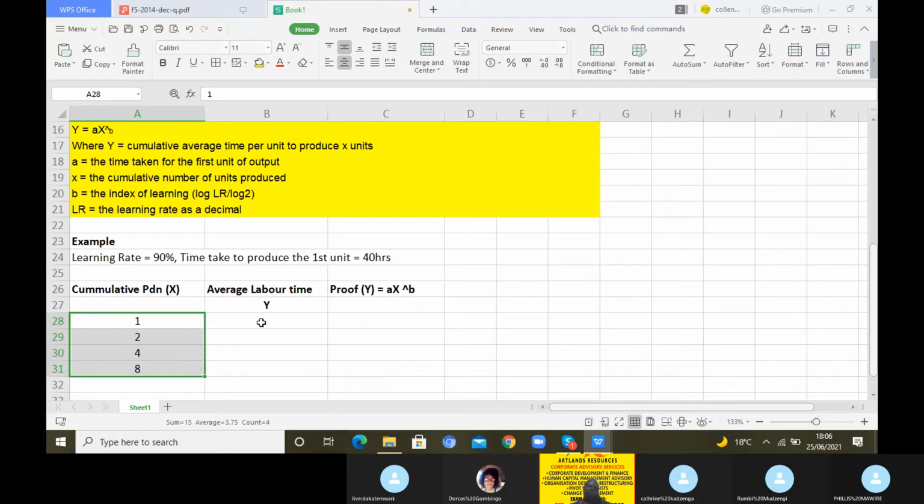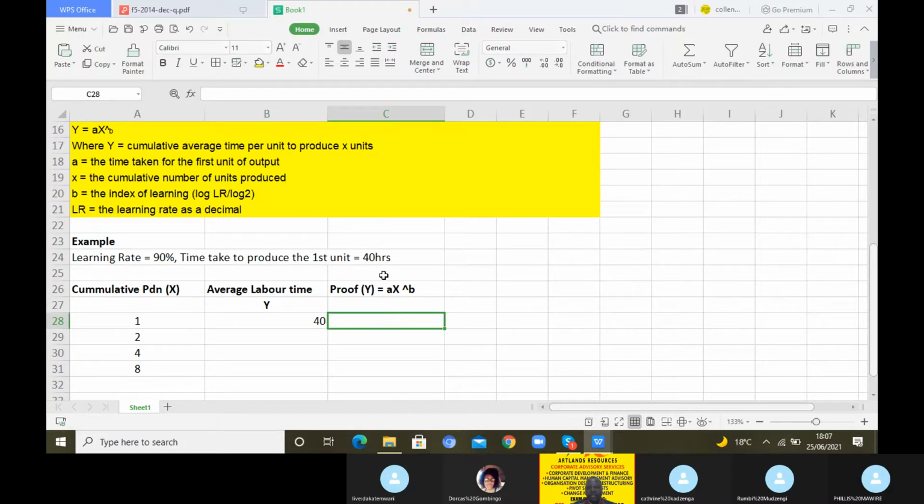The first unit took 40 hours, and if you prove it, remember X is 1, so it's a times 1 to the power b. If you raise 1 to any power, you still get 1. So that's 40. That one is fine.